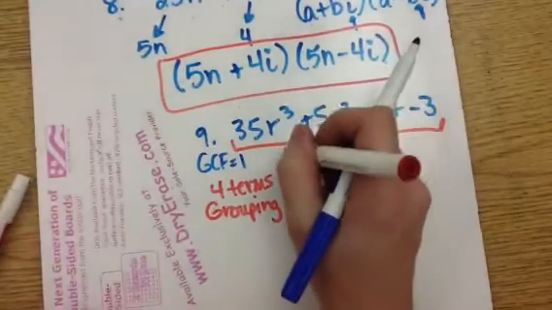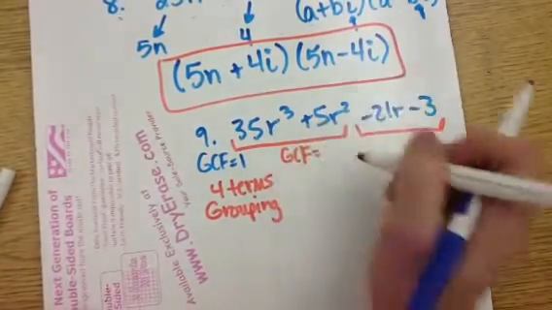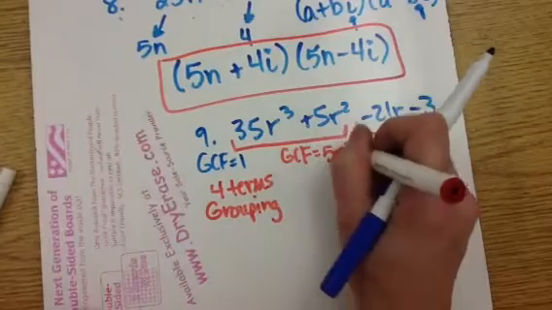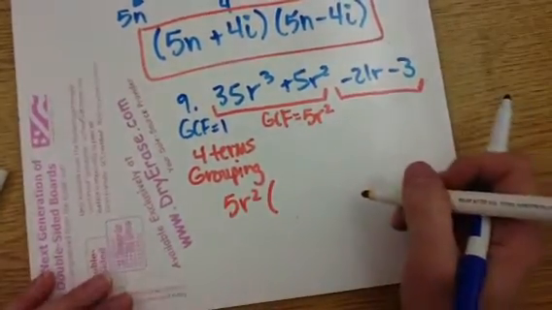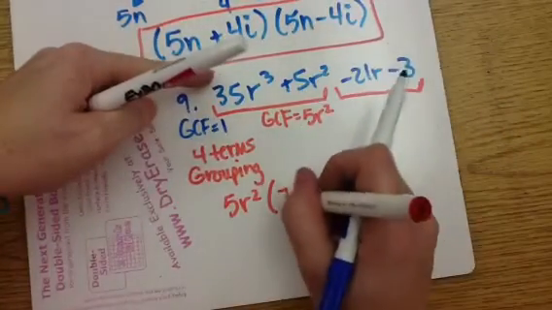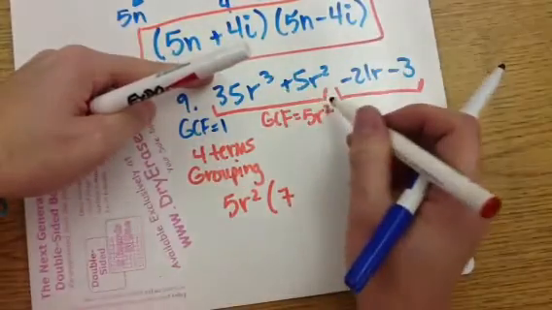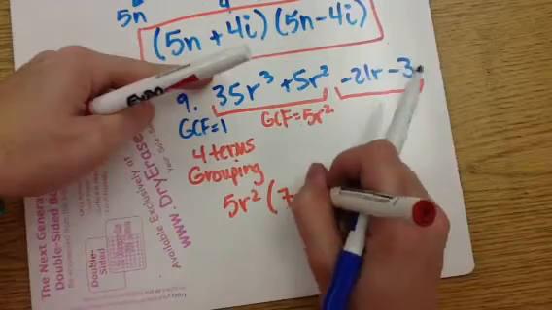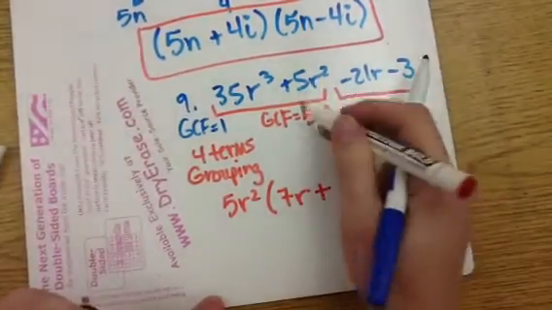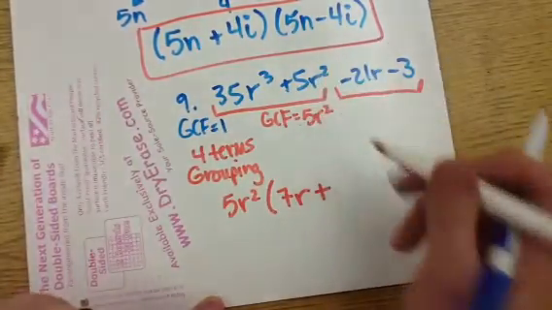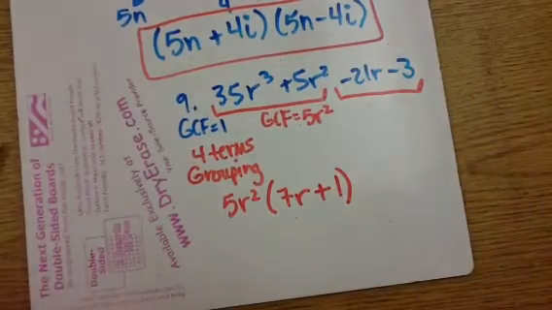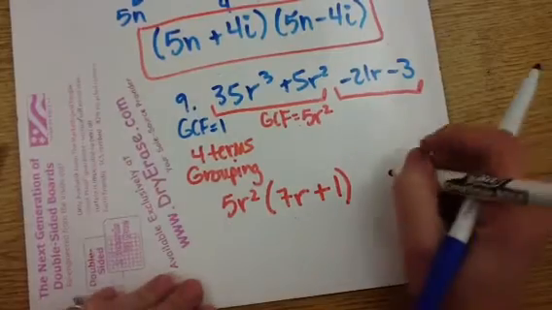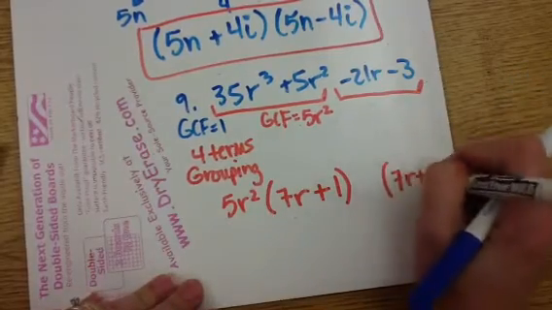And I want to look at what's the greatest common factor just in my first group, and that's 5r squared. So I'll take 5r squared times 35 divided by 5 is 7, r cubed divided by r squared is r, plus 5 divided by 5 is 1, r squared divided by r squared is 1, so I have 7r plus 1.